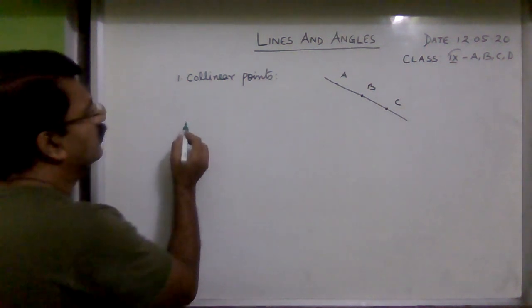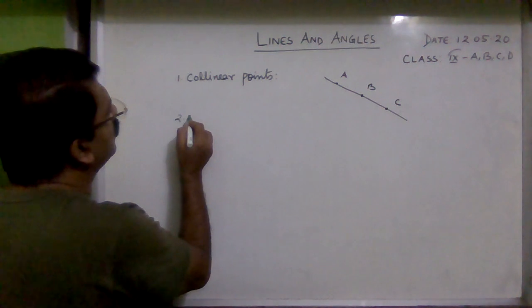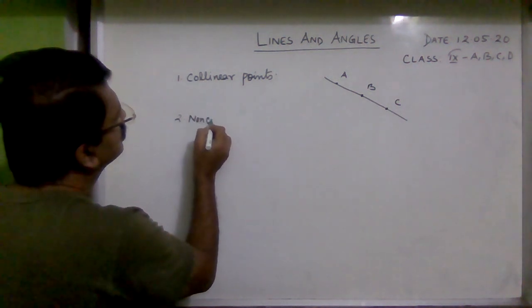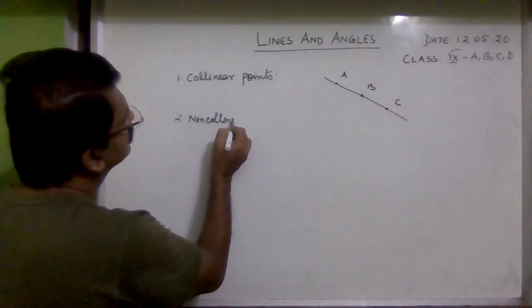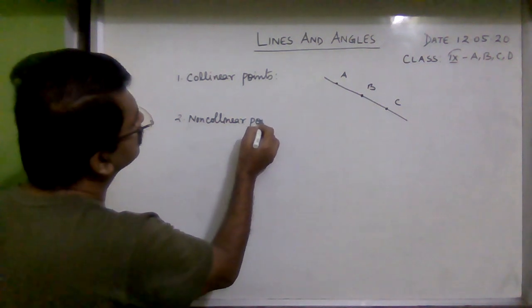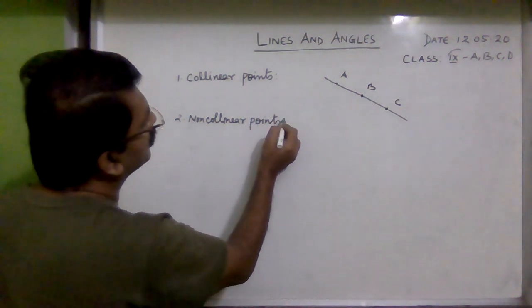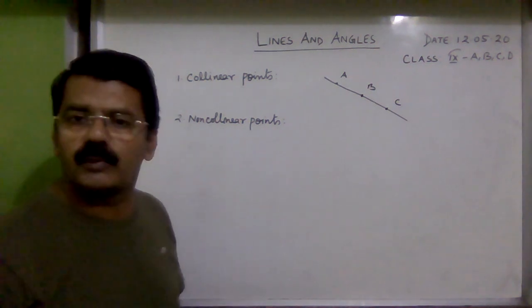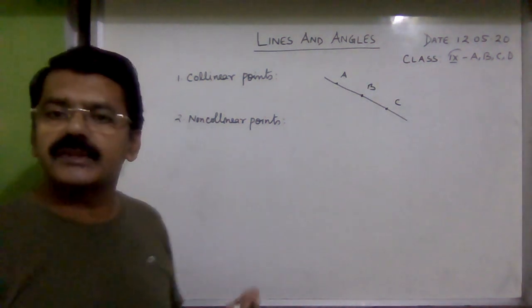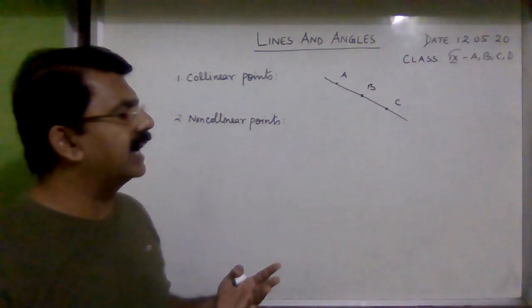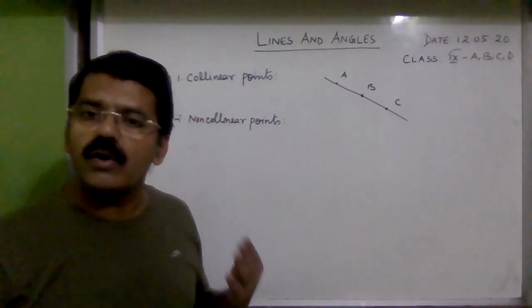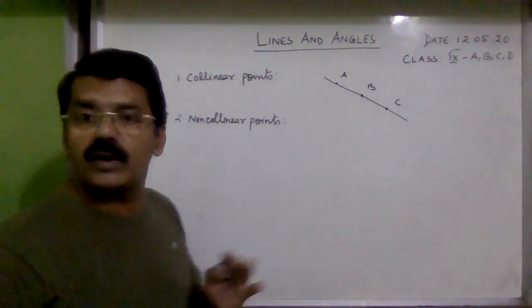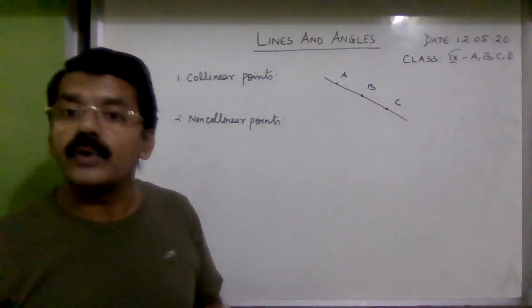Now, what are non-collinear points? Non-collinear points are those where 3 or more than 3 points are such that a straight line cannot be drawn joining all of them.